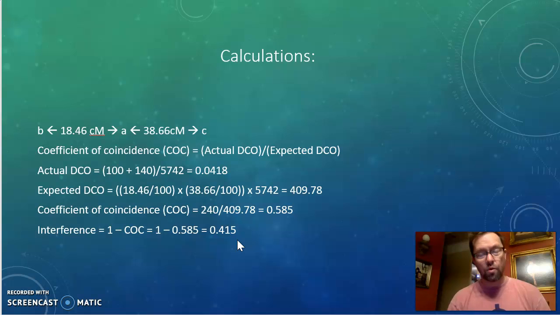Now, if it were more than 1, that would be a negative interference, and that would imply that the chances of a double crossover are more if one had occurred. And then there's a case where it could be 0: if you got 1 here, 1 minus 1 would be 0. In that case, there would be complete interference, and no double crossovers would occur. All right, thank you.